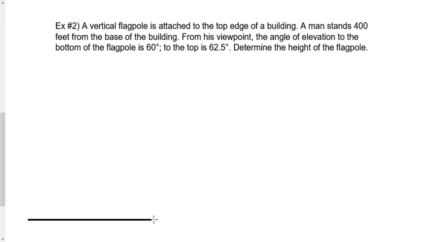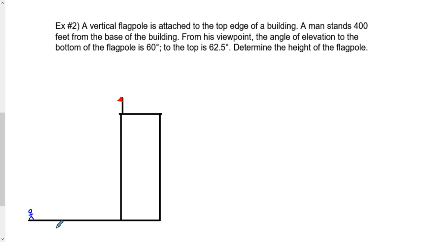So we have the ground, and we have a nice building. We have some kind of flagpole at the top. A guy is standing 400 feet from the base of the building.